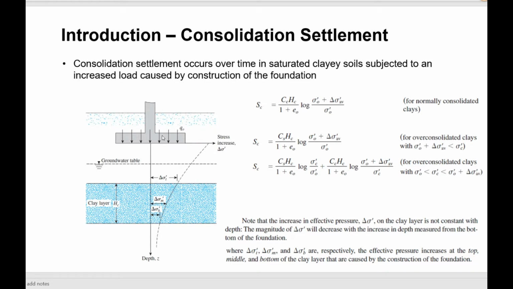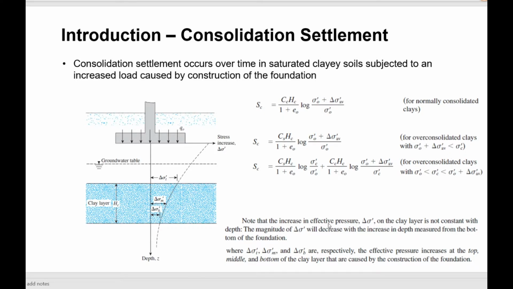So we have the foundation here and we have the clay layer underneath the ground surface. For the consolidation settlement, it will happen in the clay layer. We have three different equations here for normally consolidated clays and for over consolidated clays.